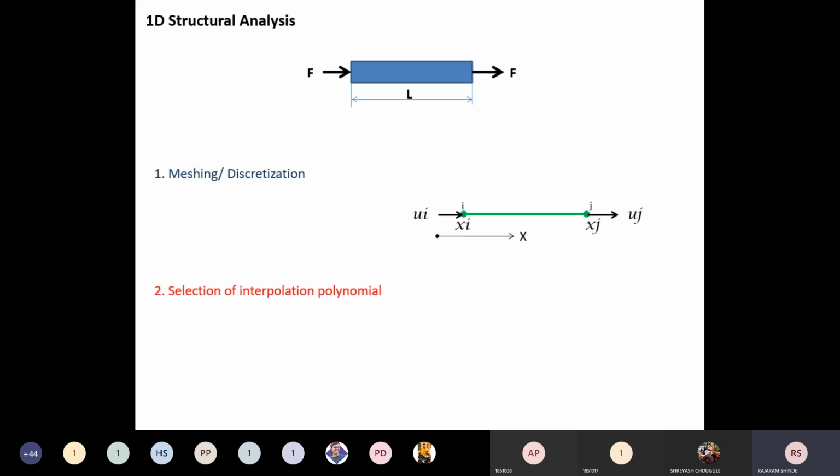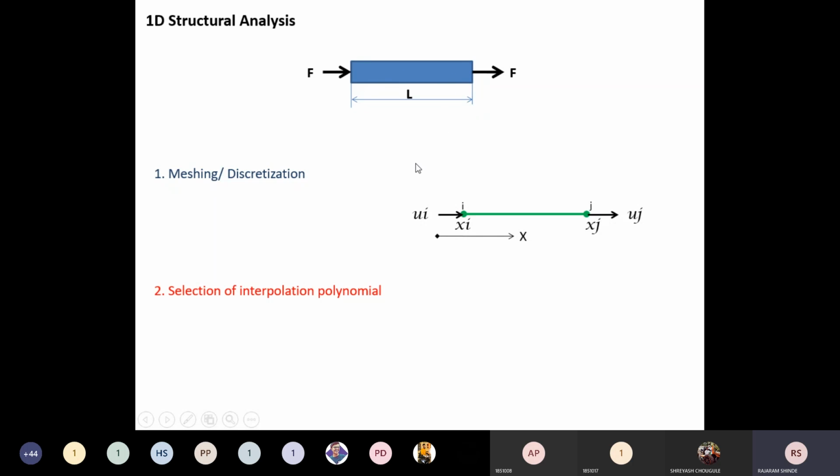If your element is a two noded element, then you have to use the linear interpolation polynomial, just a linear equation, for the variation of u. Here your field variable is u, the displacement, and its variation over the domain.